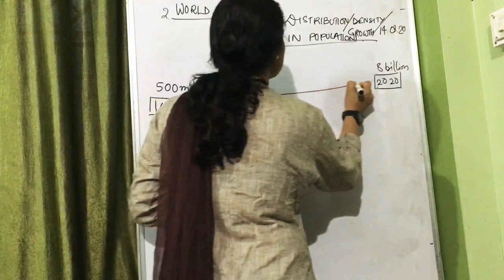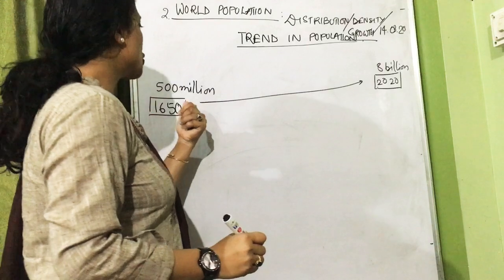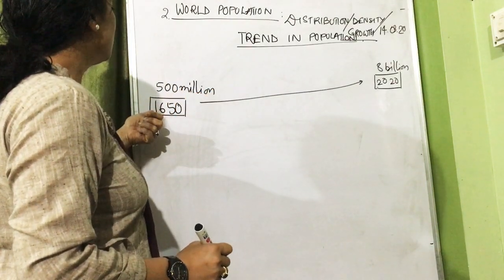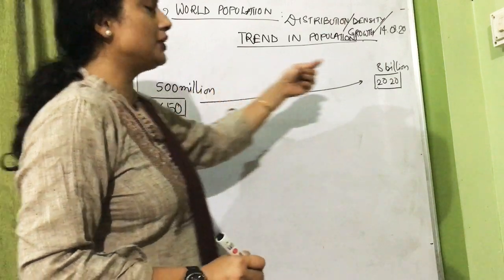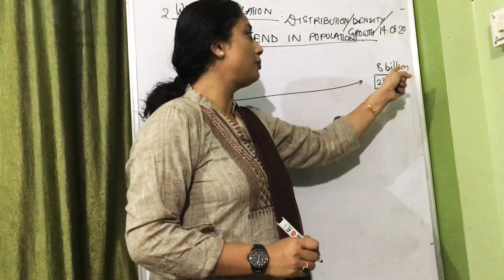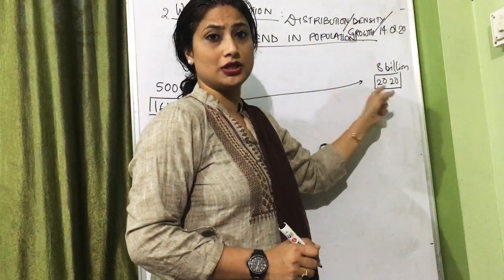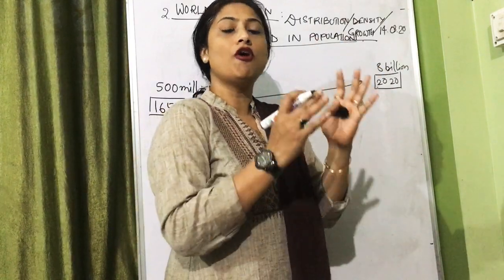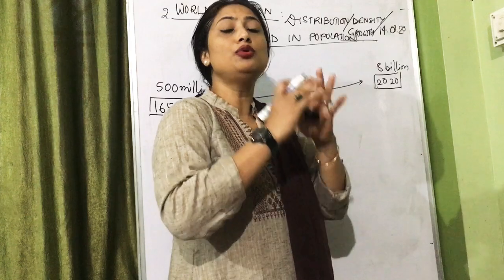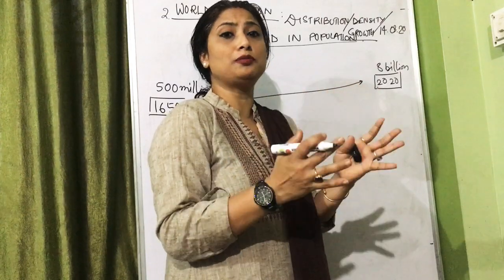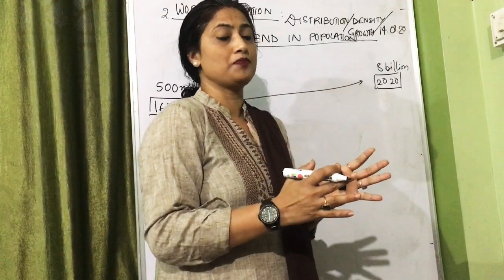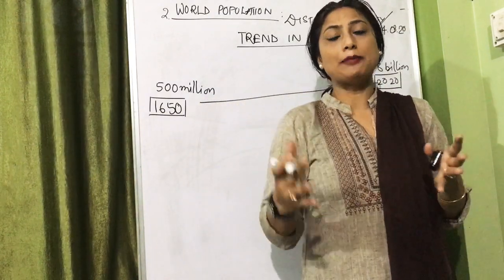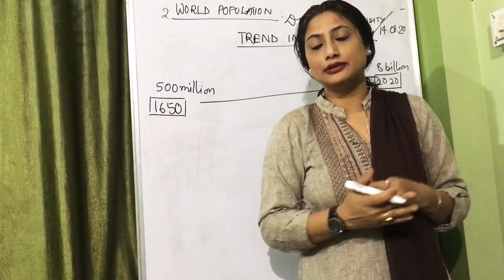Today's topic is to see this journey from 500 million over the earth in 1650 to 8 billion. How did it grow, what was the doubling period of population, and how long did it take to double the population over the surface of the earth? We will also discuss why it doubled so rapidly in the last 200 years.